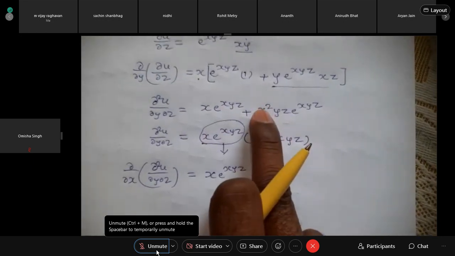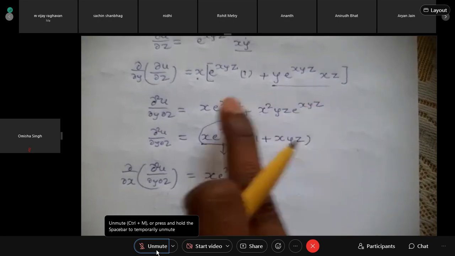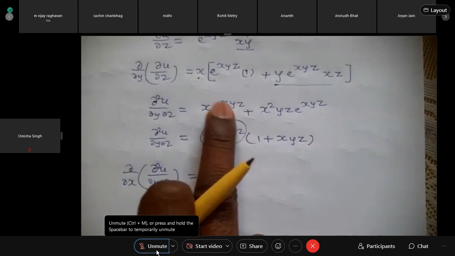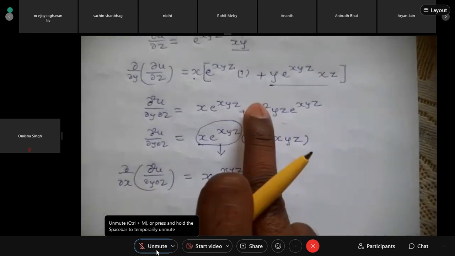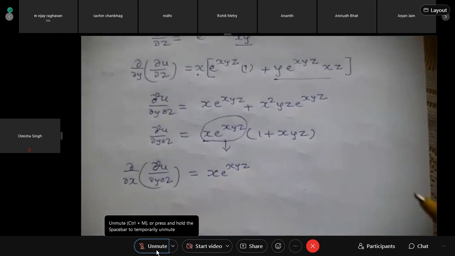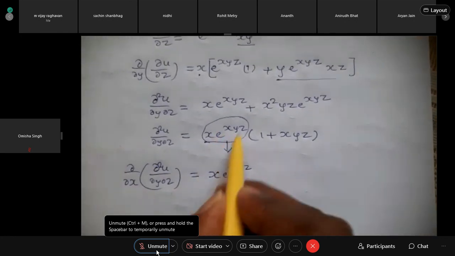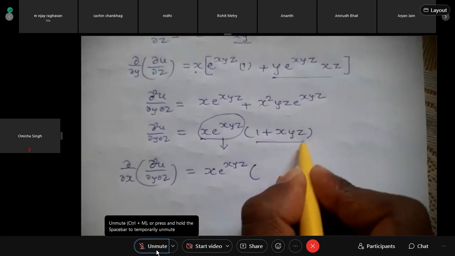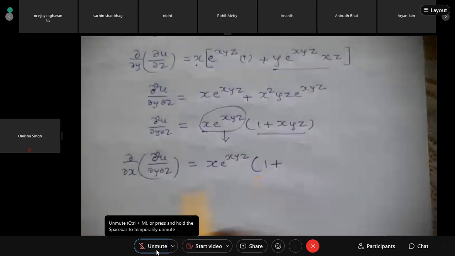If you take this, you're supposed to have 4 terms: first into differentiation of second, second into differentiation of first. Or else, if you treat this as entire first function, what is the differentiation of the second one with respect to x?